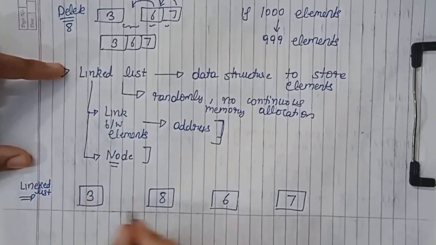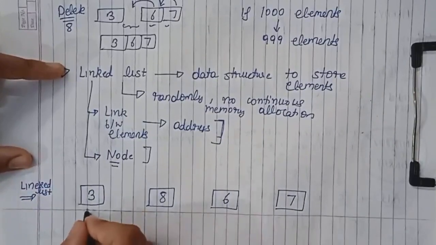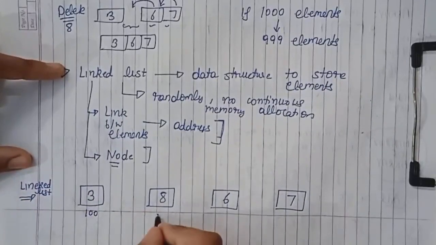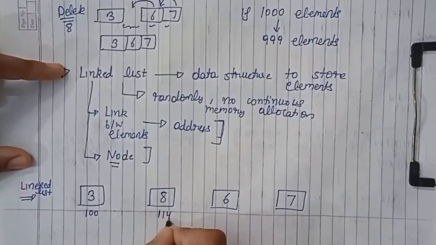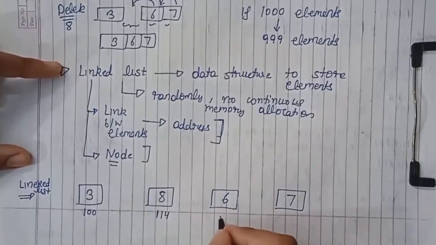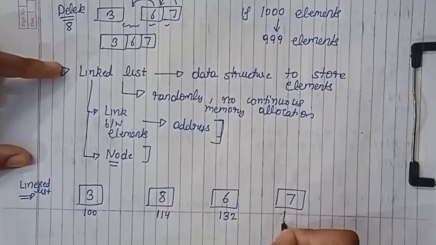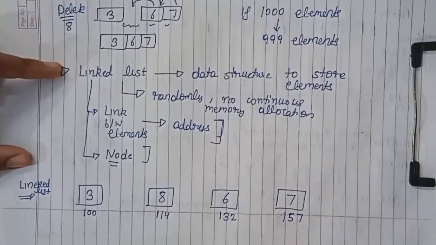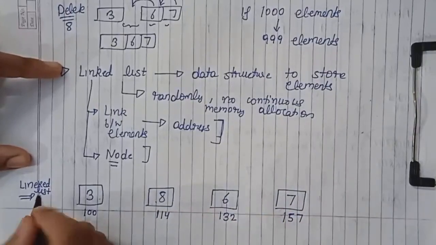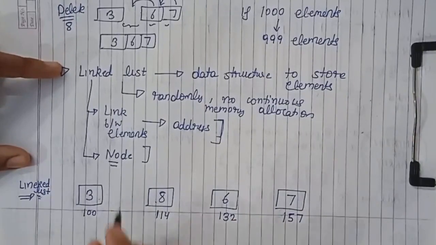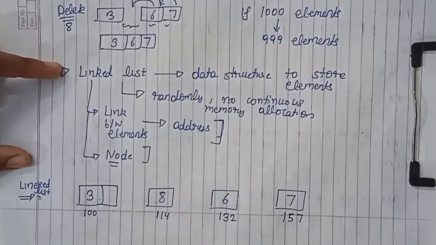Let's say the address of the first element is 100, the address of this element is 114, the address of this element is 132, and any random address you can allocate for this member also, so let's say it is 157. Now I need to link these elements one by one. The way we use in a linked list is to store their address with these elements.